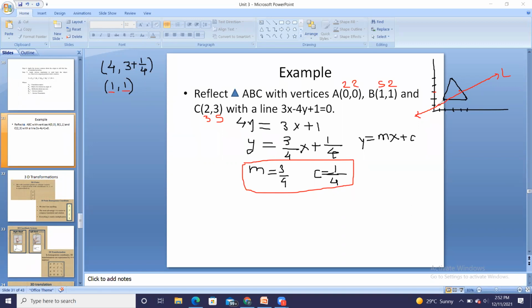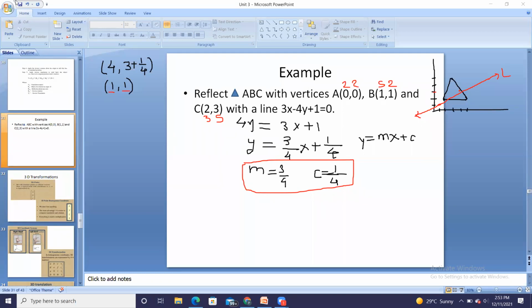Similarly, I am going to put x equal to 4. When I put x equal to 4, the 4 will get cancelled and I will get 3 plus 1/4 as my value of y. So I have got these 2 points. Now when 2 points of the line are known, can you draw the whole line?